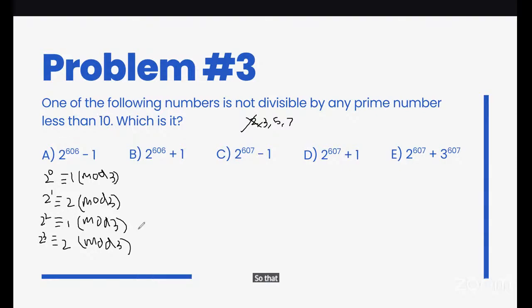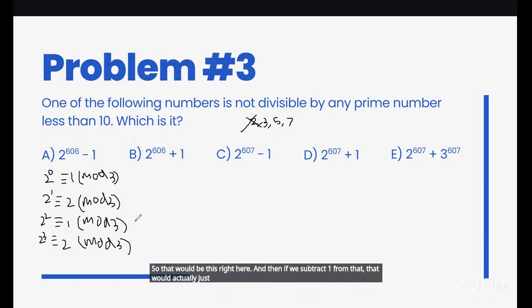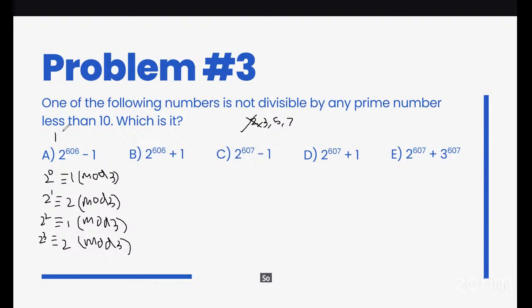So that would be this right here. And then if we subtract 1 from that, that would actually just be 0 mod 3. So 1 mod 3 is what it's equivalent to, minus 1. So that's what it's equal to. And we would just set that to 0 mod 3. Or just, as we can write it here, 0.